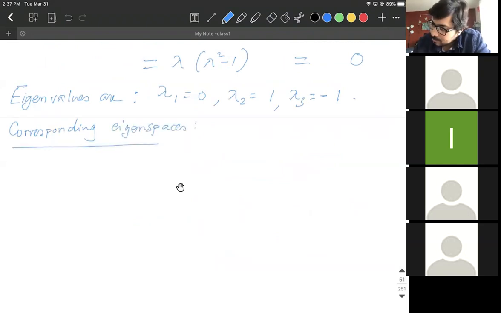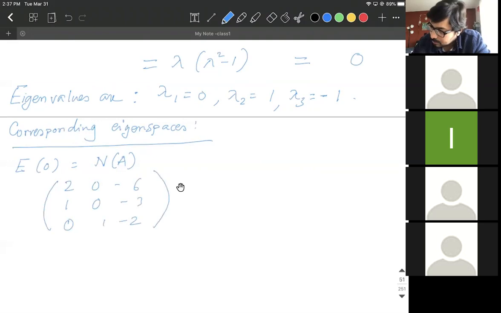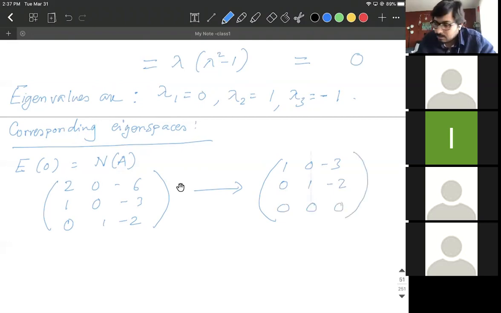So the first thing is E of 0. So E of 0 is just the null space of A. So there's nothing much to do. You have 2, 0, minus 6, 1, 0, minus 3, and 0, 1, minus 2. So this is the matrix A. So you can reduce this to 1, 0, minus 3, then 0, 1, minus 2, then 0, 0, 0. So finally, what you have is the following.